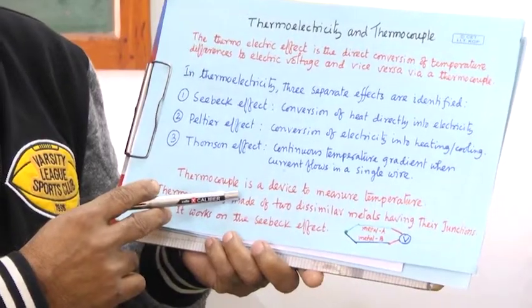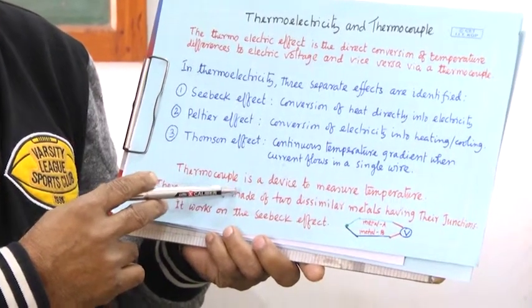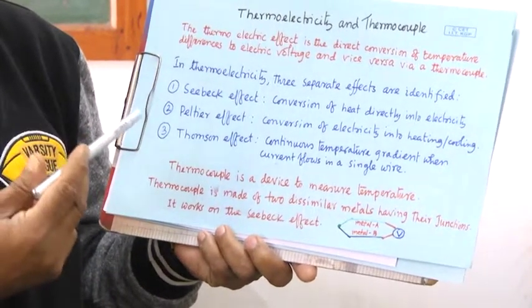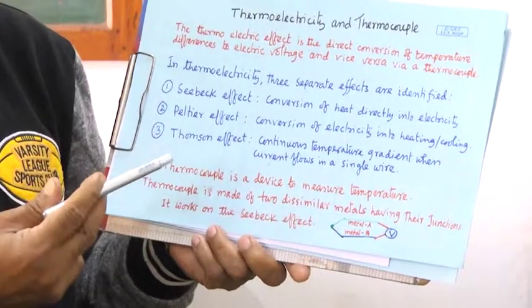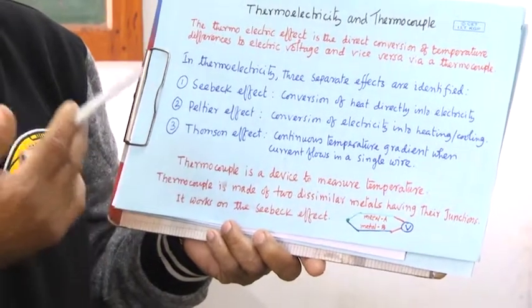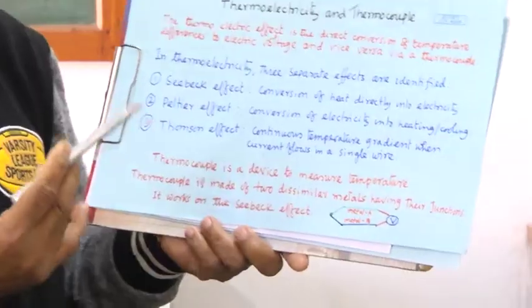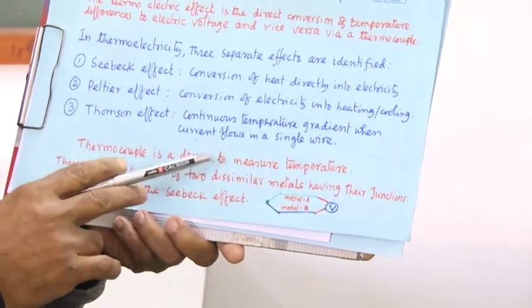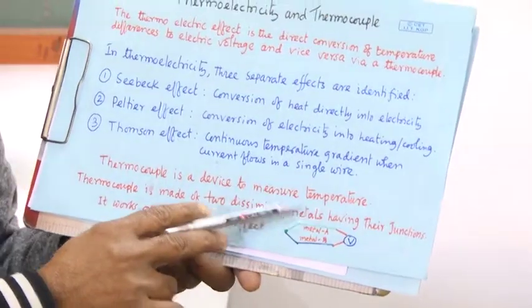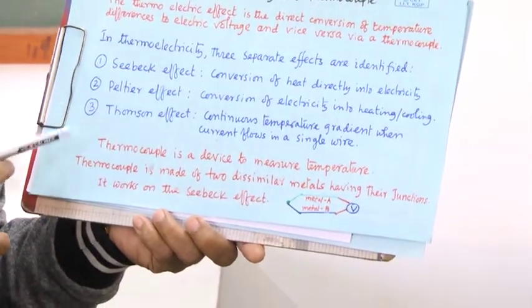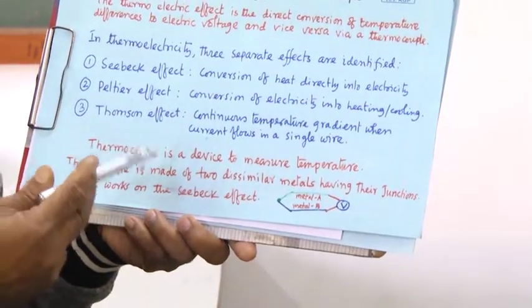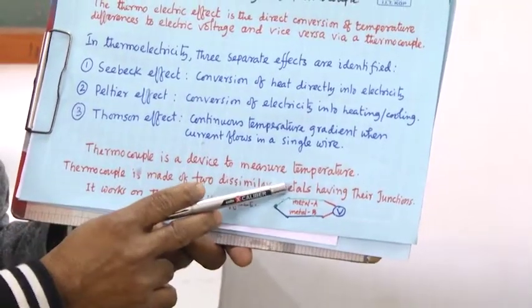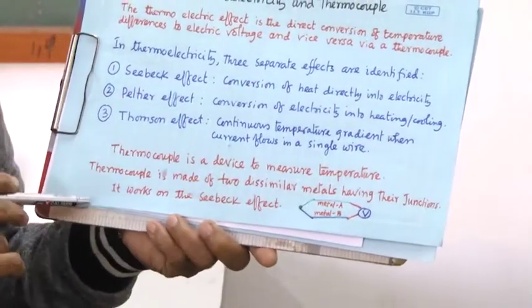So, a thermocouple basically has a junction of two types of wire. These two types of wire are made of two types of metal. So, a thermocouple is a device to measure temperature, and it is made of two dissimilar metals having their junctions.